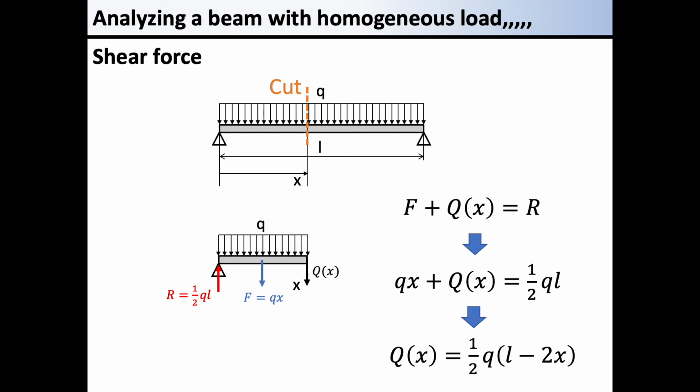The shear force is given as a linear function of x. This function is symmetrical at the center of the beam, the point at which x is L over 2. You may notice that at the center of the beam, the shear force is 0. So, the shear force is not acting here.